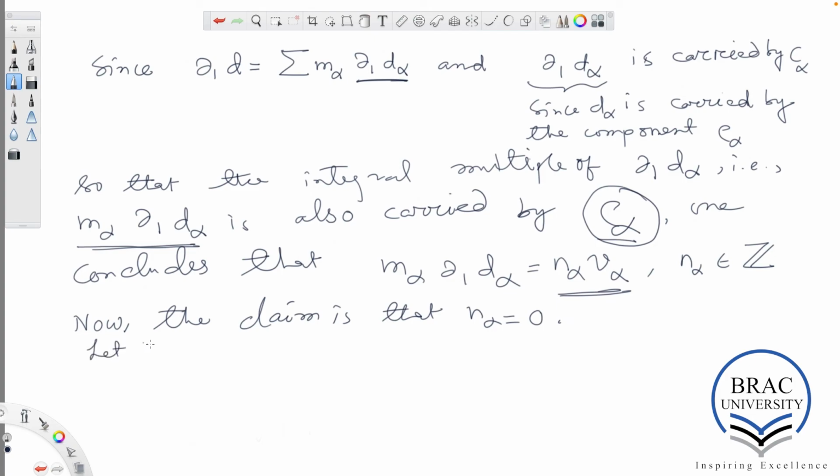Let us take epsilon to be the map from the group of zero chains on the complex K to the additive group of integers.